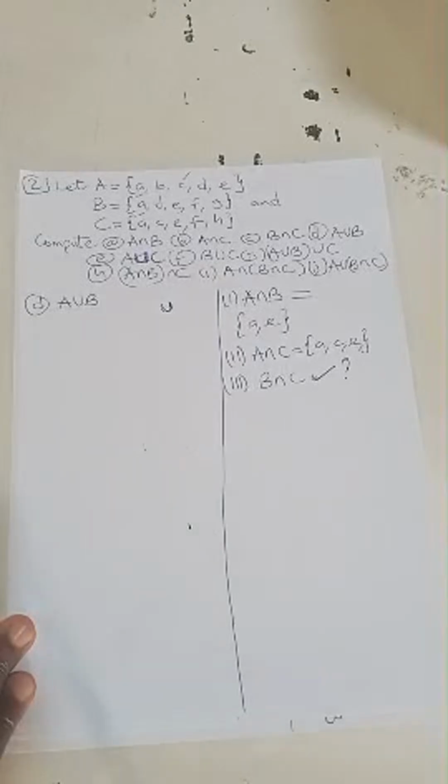A union B. Union means the combinations between the two sets. It could be three sets. So we're going to look at union now. A union B is going to be what?